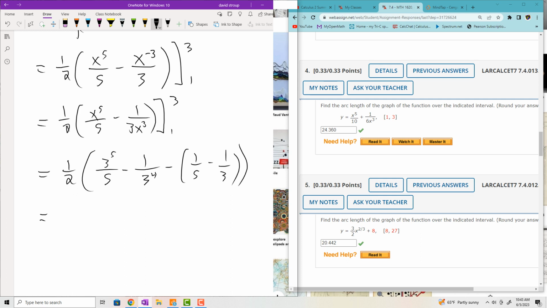So make sure that your calculator has enough decimal places so those little weird approximation problems don't happen. Okay, so I'm just going to type this into my calculator and see what I get.